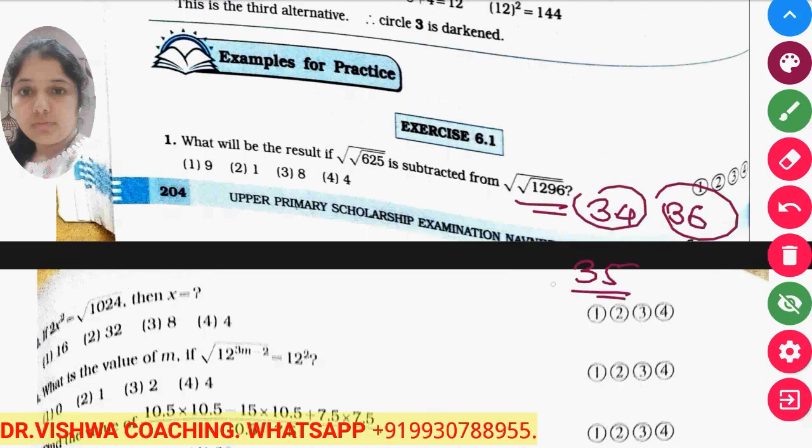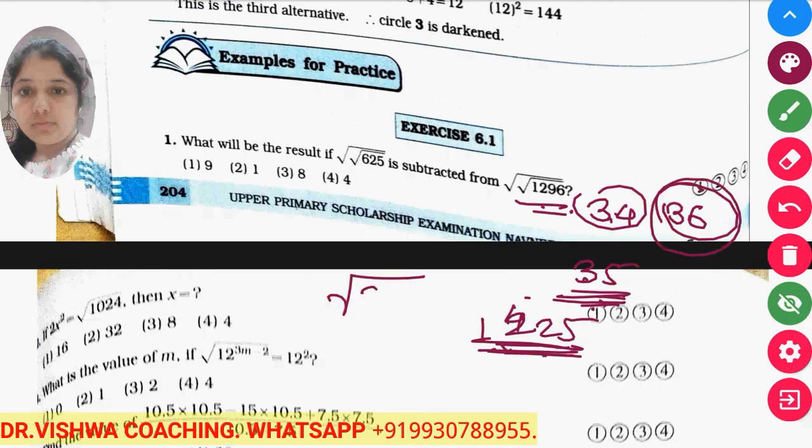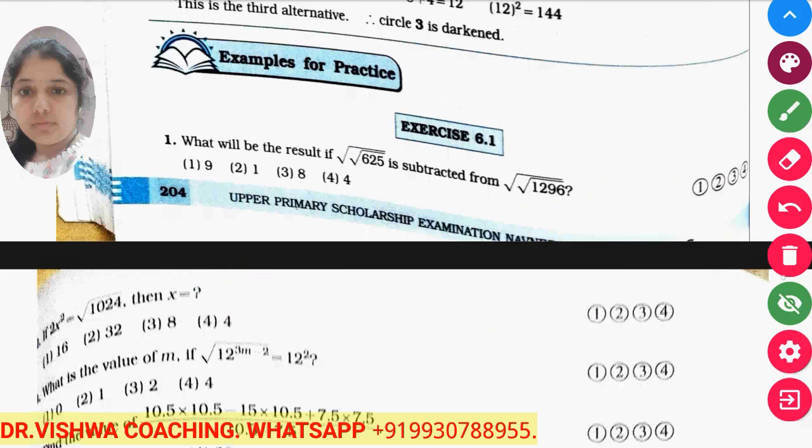Now you know the square of 35 is 1225. Okay, so 1296 is bigger than 1225, so it is the square of 36. So under the square root, 36 is the answer we got, and 36 is the square of 6. So one was 5, one is 6, so the difference is 1.